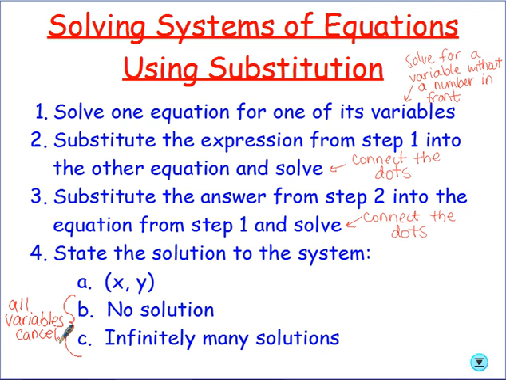If what you have left is a false statement, it is no solution. If everything that you have left is true, it is infinitely many solutions. So we just need to decide if what we have left is false for no solution or true for infinitely many solutions.